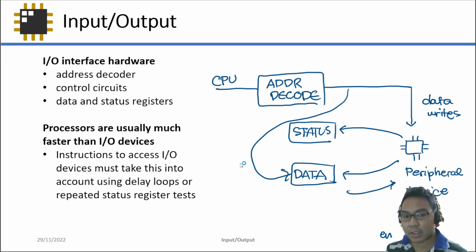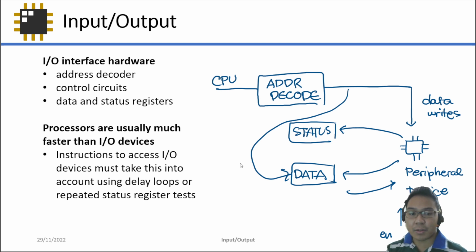What happens is that we tend to give an instruction or a request to a peripheral device, and while waiting for the peripheral device to finish servicing our request, we give delay slots to the CPU, which allows us to wait for the peripheral device to finish, and then we get the valid data from, say, the data register of the peripheral device.